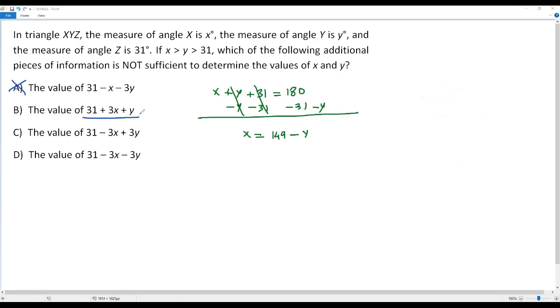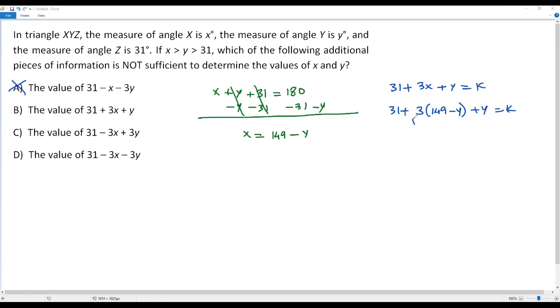Let's do the same check for answer choice B, the value of this expression. We can assume the value of this expression is k, so we get the equation 31 plus 3x plus y equals k. Now we plug in for x and check whether y exists in this equation or vanishes. So we have 31 plus 3 times (149 minus y) plus y equals k.